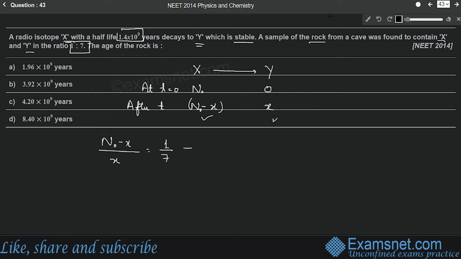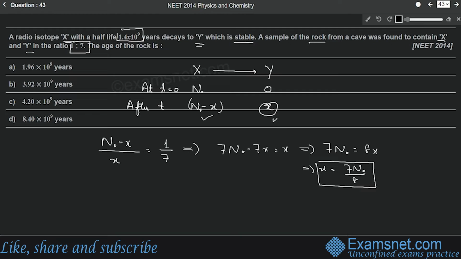So from here we can find the value of x. So 7 n naught minus 7x equals x. So from here 7 n naught equals 8x. So x equals 7 n naught by 8. Okay, so this is the value of x, small x, that is amount of Y present after time t.